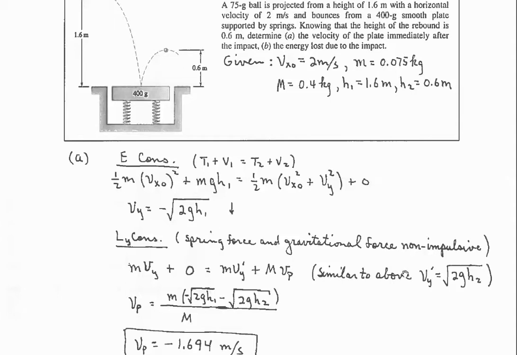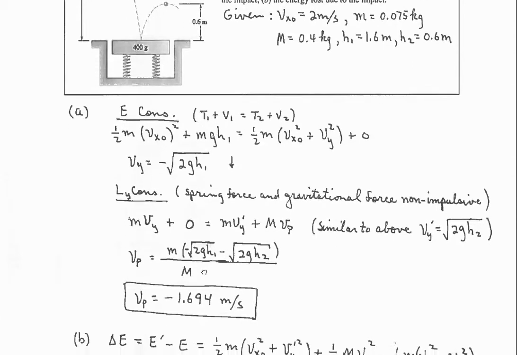This is similar to the above, so Vy prime is going to be the square root of 2gh2. The same way we got the 2gh1 for the velocity coming down, the velocity going up is going to be the square root of 2gh2. We choose a plus sign because that velocity is going upward. So if you solve for Vp out of this, you'll end up with this expression right here.